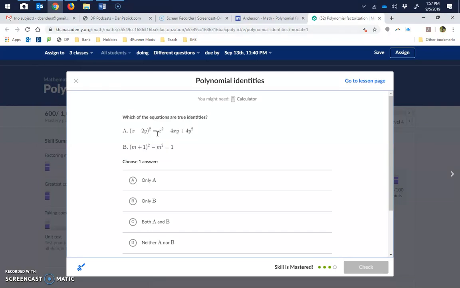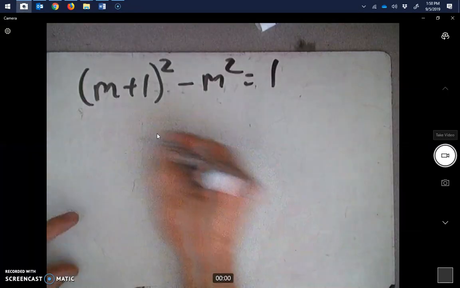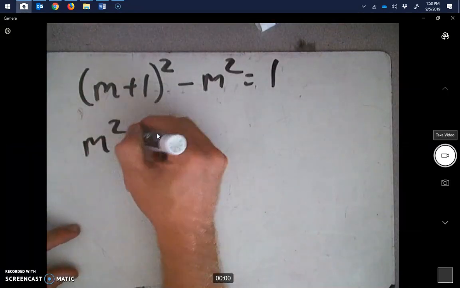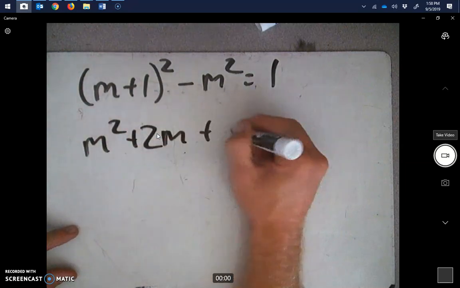So A is correct. Looking at B, m plus 1 squared. That does look wrong, actually, but I was wrong a second ago. So m plus 1 squared minus m squared equals 1. Okay, so here we go. If we square this, we should get m squared plus 2m plus 1.